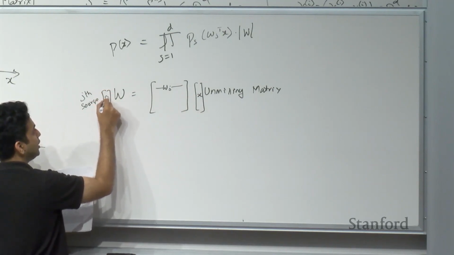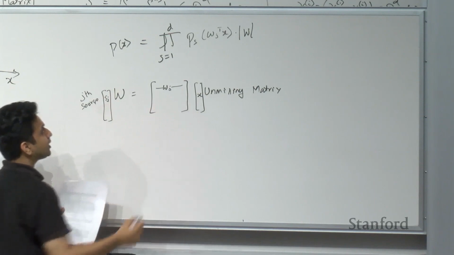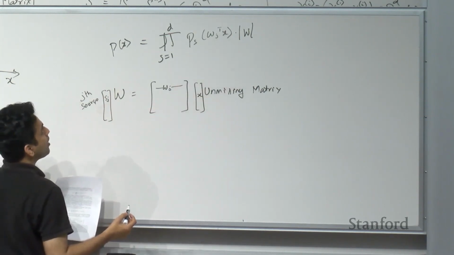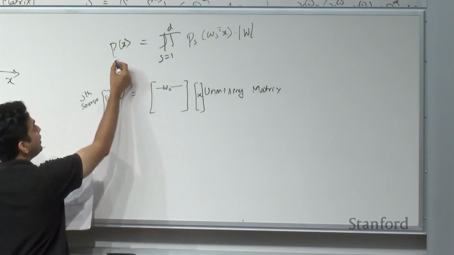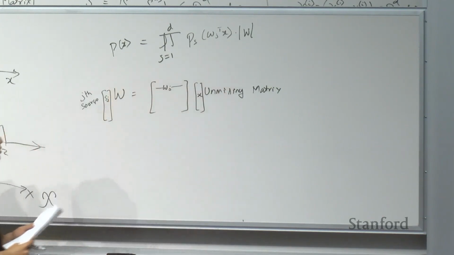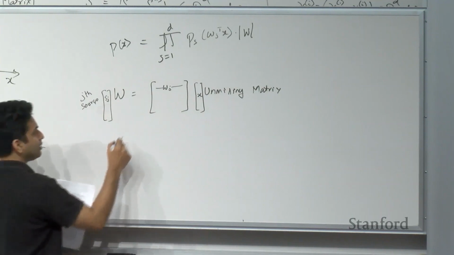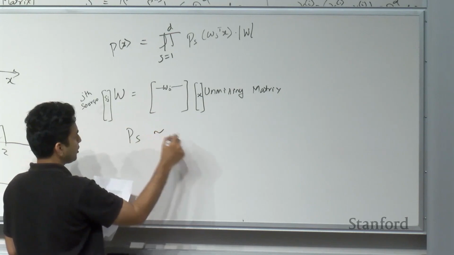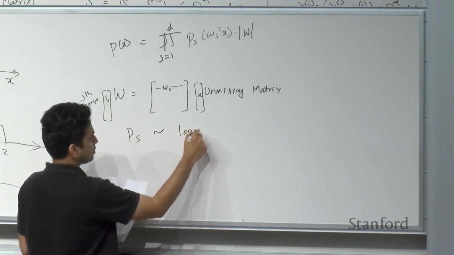So Sj equals Wj times x. And we define the probability of x in terms of P of s, and we make the assumption that P of s is distributed according to the logistic distribution.